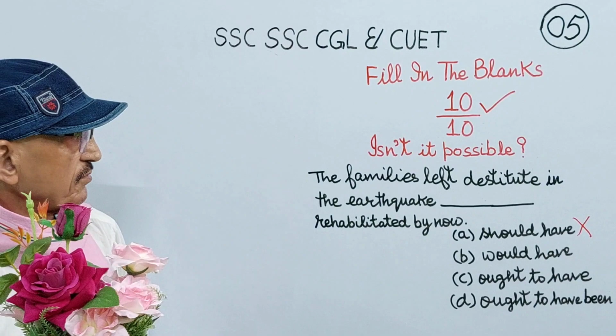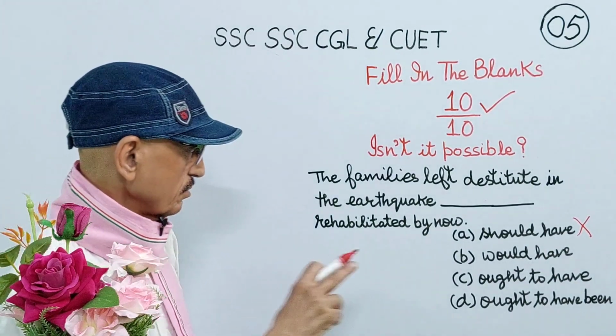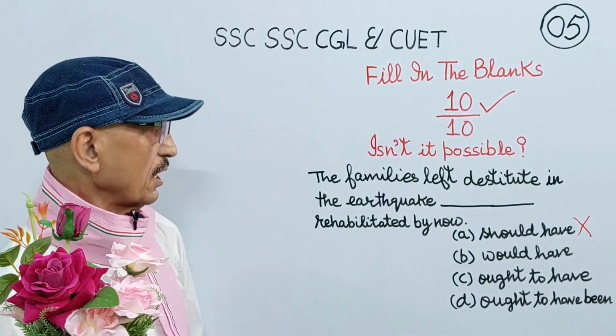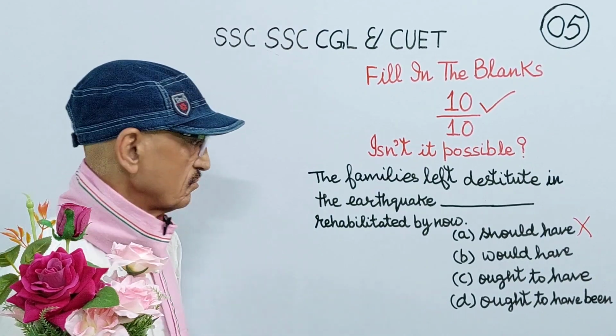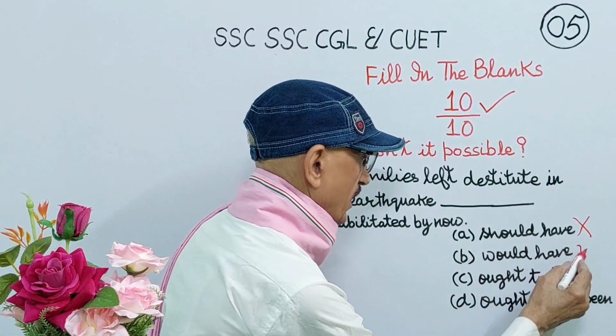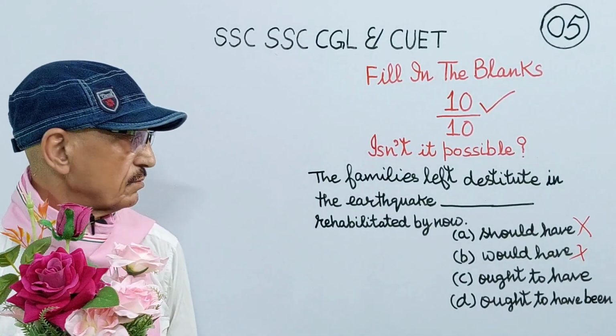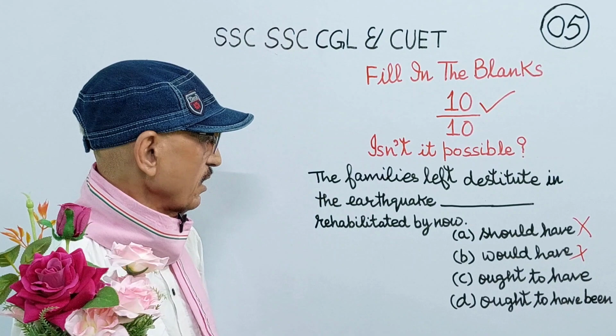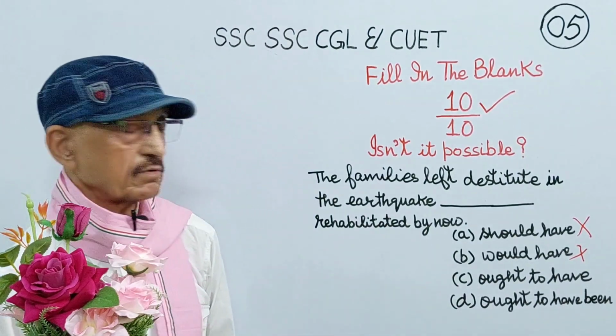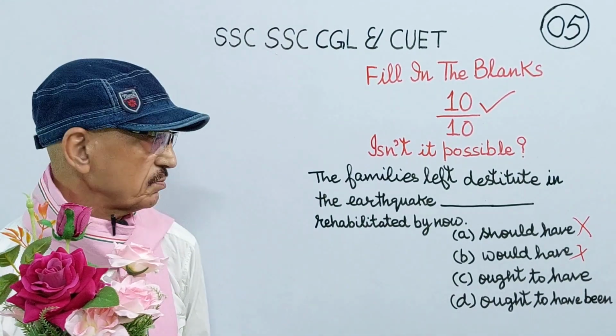The families left destitute in the earthquake would have rehabilitated by now. This is wrong. Doesn't give any correct meaning. The families left destitute in the earthquake ought to have rehabilitated by now.